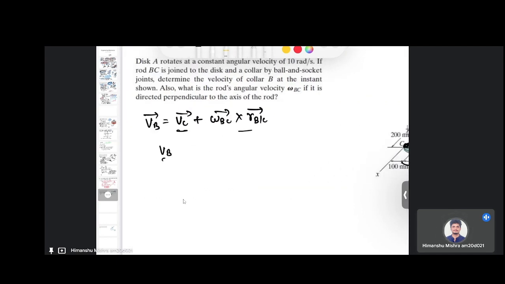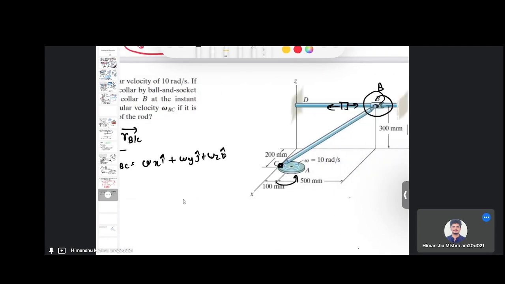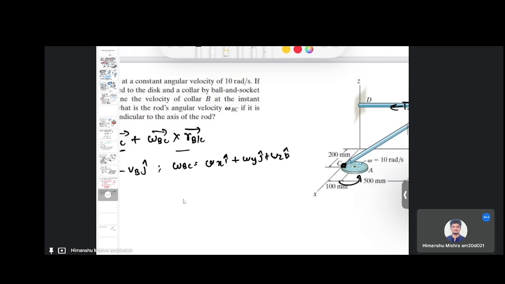So VB can be equal to minus VB j. And omega BC will be omega x i plus omega y j plus omega z k. And we don't know omega x, omega y, and omega z.